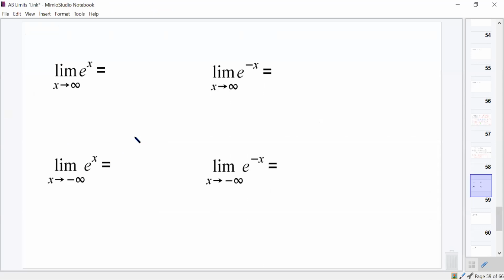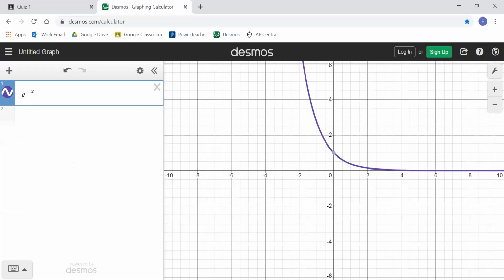As x goes towards infinity, what's e to the x? What is its value? As x goes towards infinity, what should e to the x be?